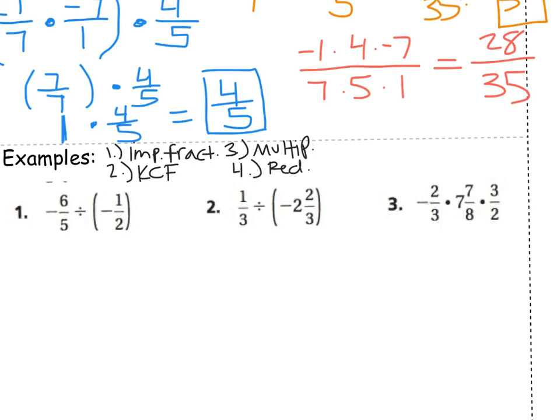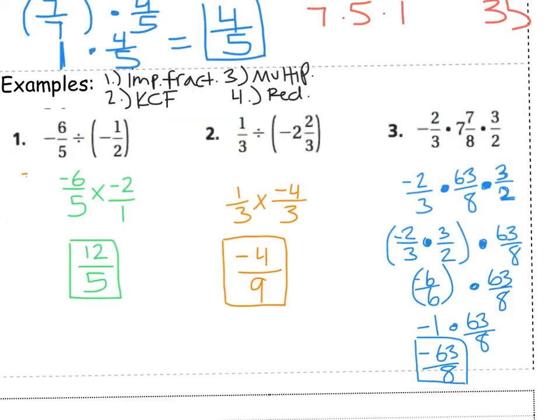Okay, I believe in you. And remember, with this one, it looks scary, but it's not, because you may or may not be able to make a multiplicative inverse out of this one to try to get 1.